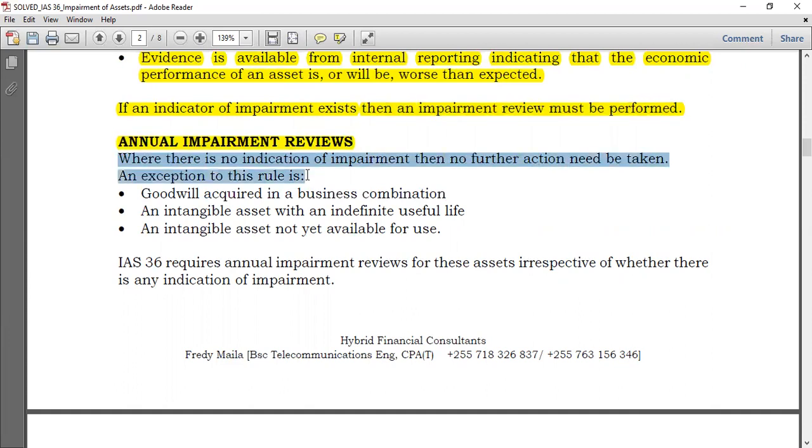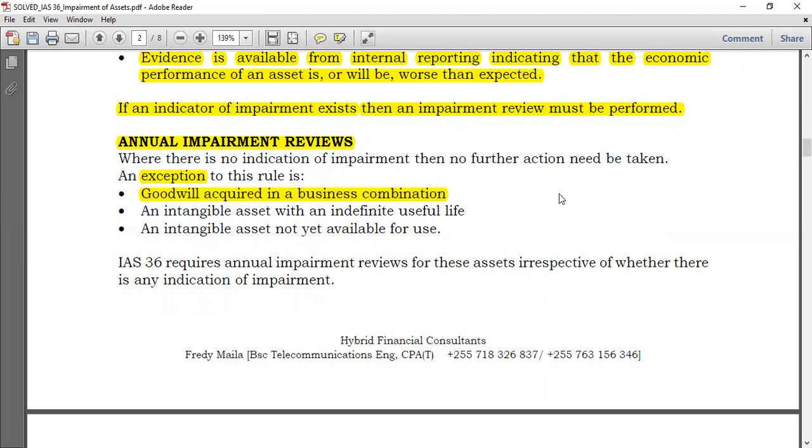But we say that there is an exception. What of this exception now? First of all, goodwill acquired in a business combination. Have you ever seen something called consolidation of financial statements?